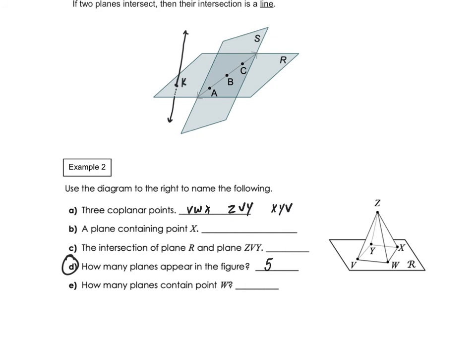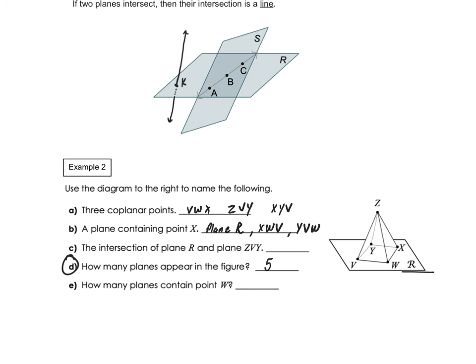That is also indicating this flat plane right here. A plane containing point X? Well, I have plane R. That's one I have. I also have XWV, which is also the same plane. Another way to call it, I could say YVW.